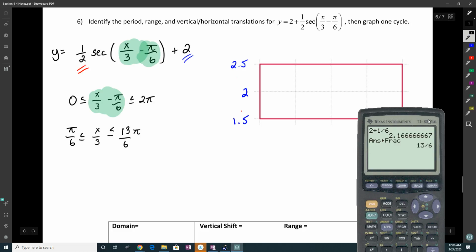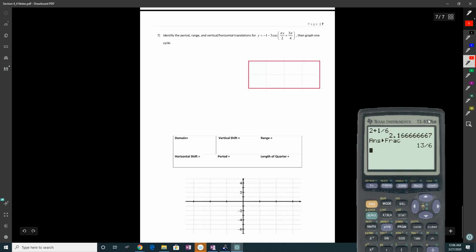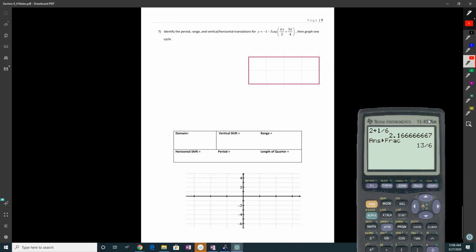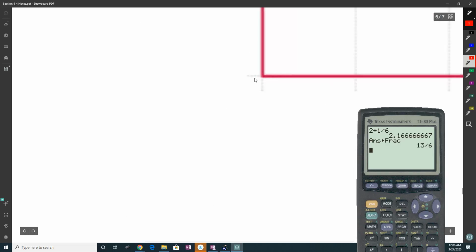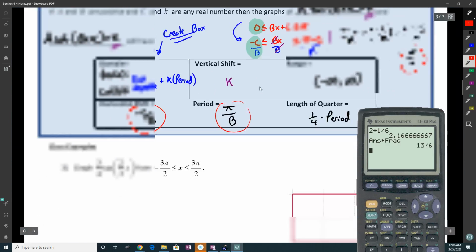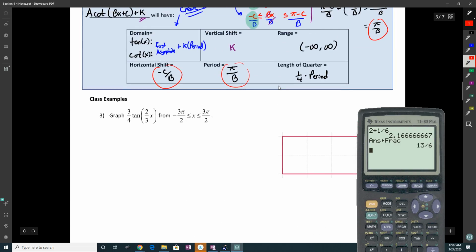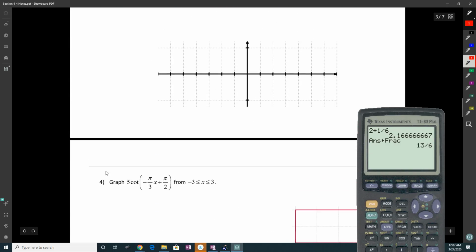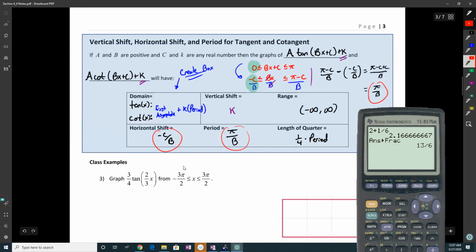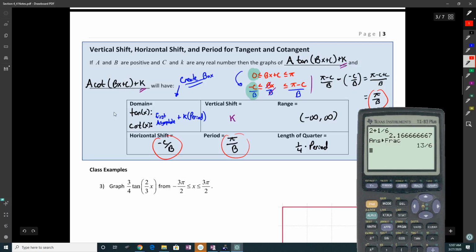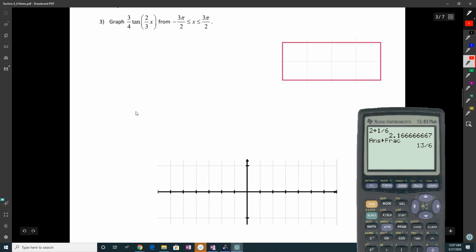And then our next step is just to multiply it by 3. So if I multiply it by 3 times 3, why does it keep doing that? Okay.